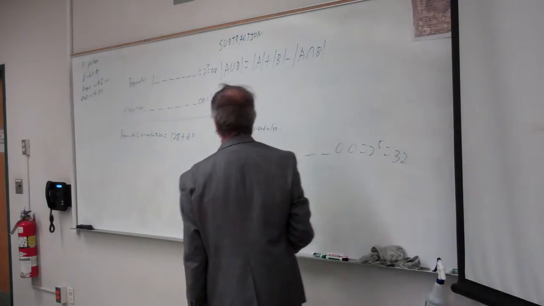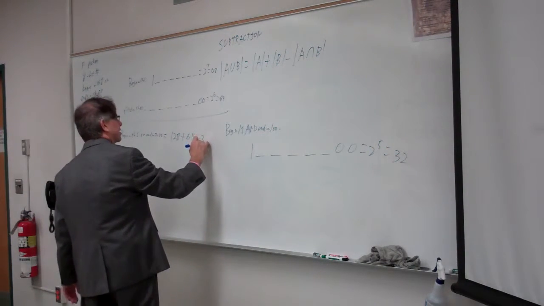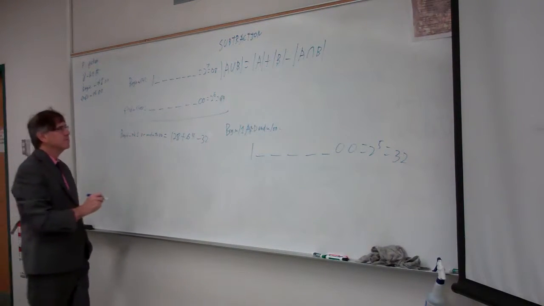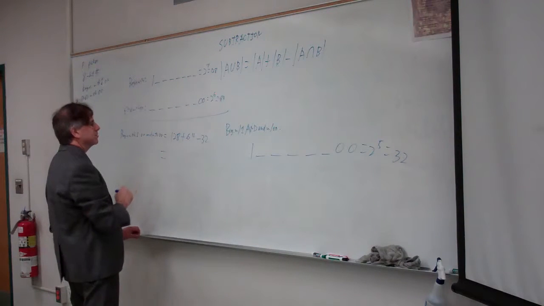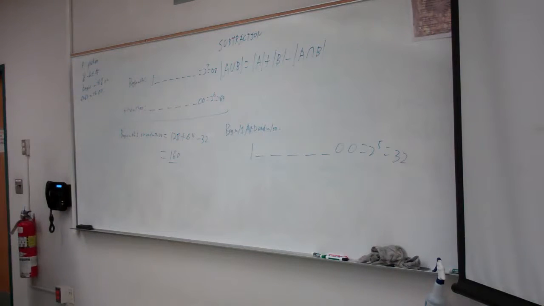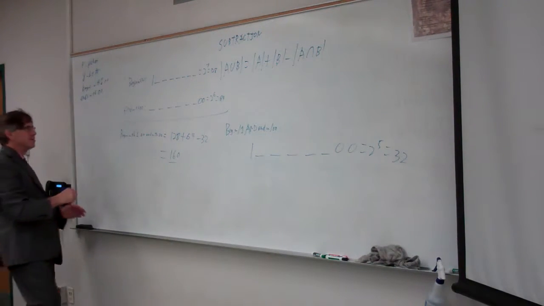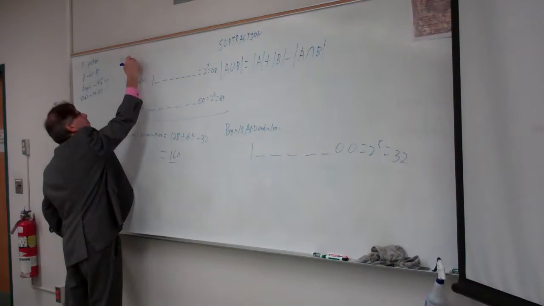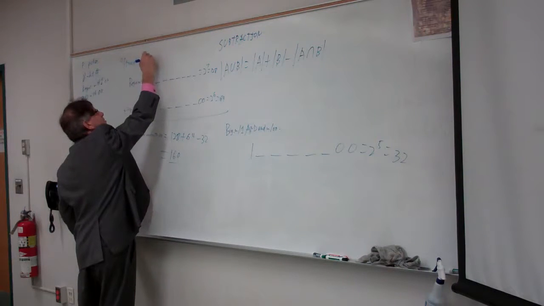There's 32 of those. So you have to subtract 32 off of the sum of these sets. And so 128 plus 64 minus 32 is 160. And it's got a fancy name: principle of inclusion-exclusion.